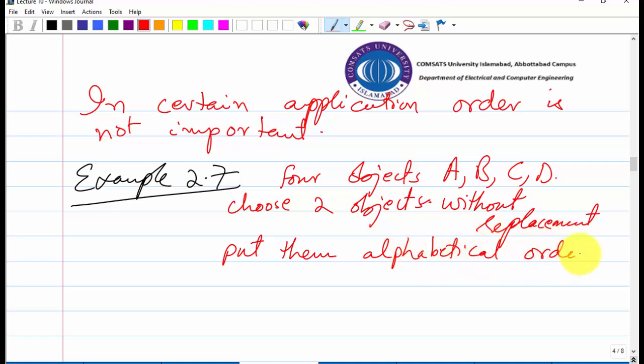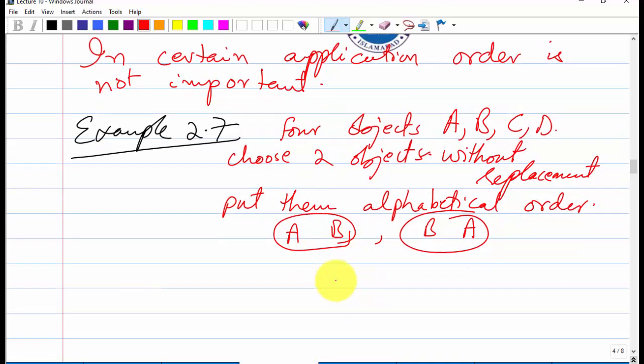If we choose A and B, or we choose B and then A, they are the same, because when we put them in alphabetical order, AB and AB will be the same. In this way, how many possibilities could we have?